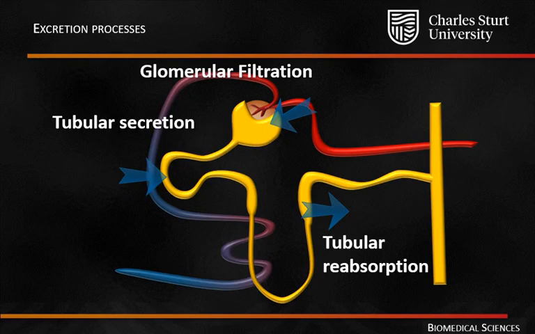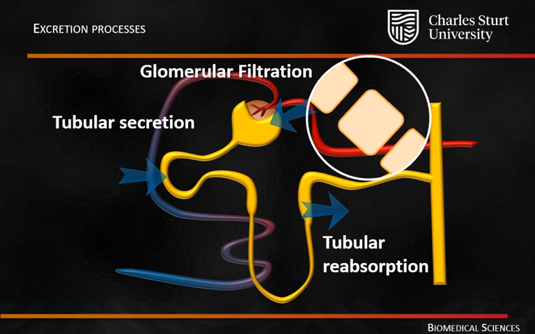So if we have a look at that in the nephron itself, the glomerulus itself here in the Bowman's capsule is where the blood and the drug in the blood is going to be introduced into that filtration process. And essentially what we're going to see is the drug moving through the pores and into the urine, the filtrate itself.